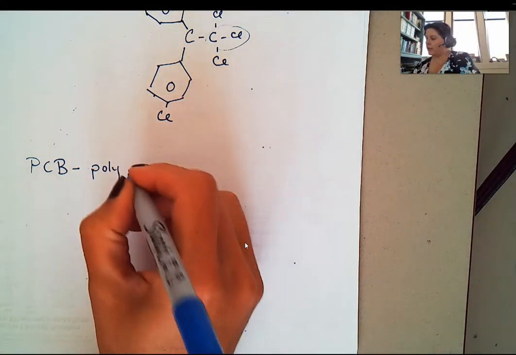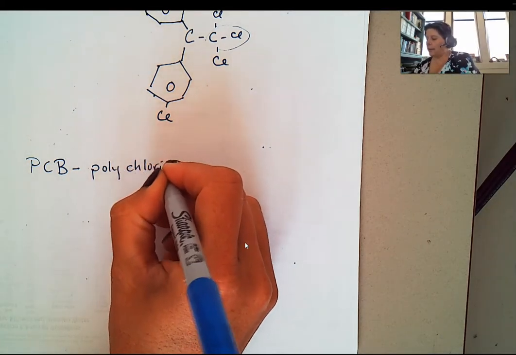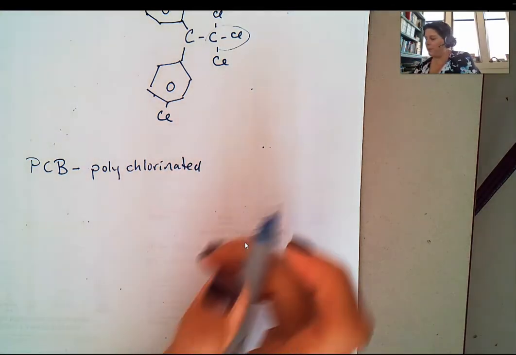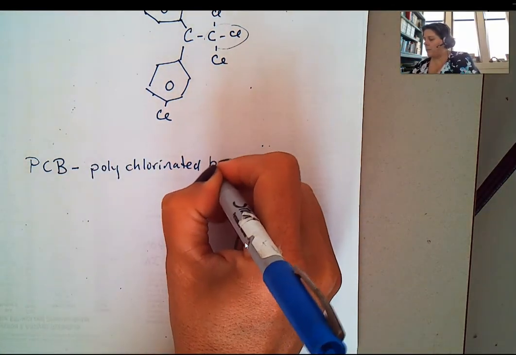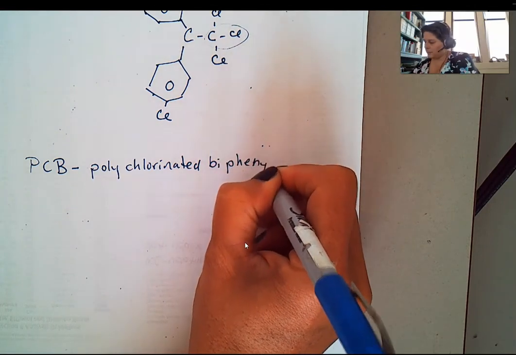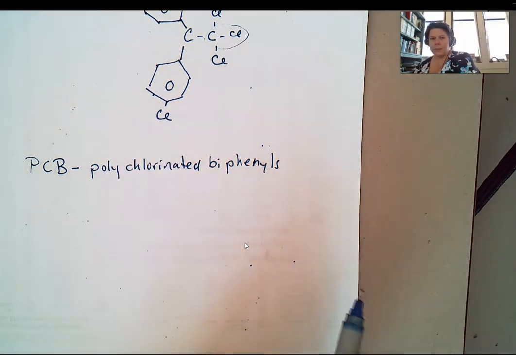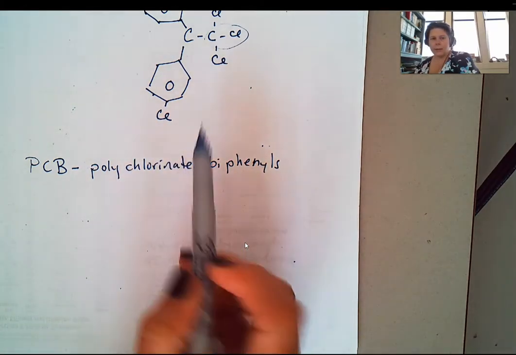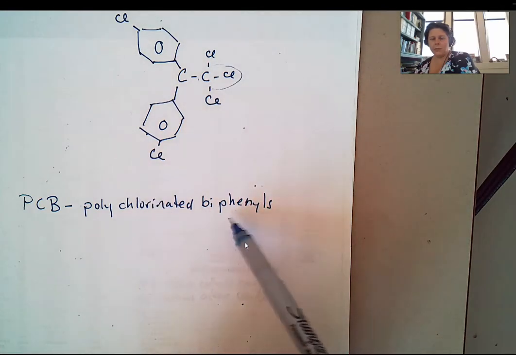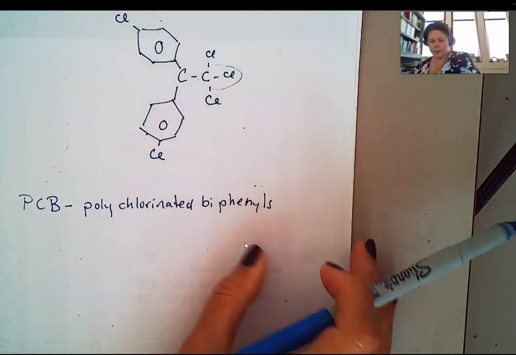The C stands for chlorinated. And that should automatically set up alarm bells for you. The B stands for biphenyls. So PCBs, they're polychlorinated. So there's multiple chlorinated compounds in here, and there's 2 phenol groups associated with them.